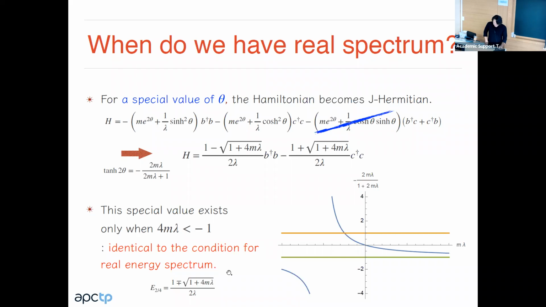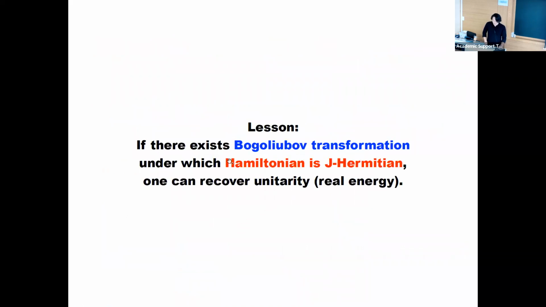So the lesson is that here the Hamiltonian looks like a Hermitian, but because of this J inner product, which comes from the path integral formalism, you have to define the new J-Hermitian. And in principle, it should not have real energy eigenvalues.